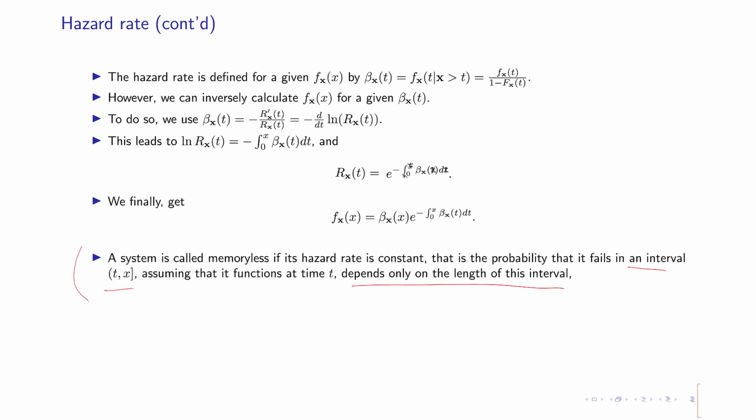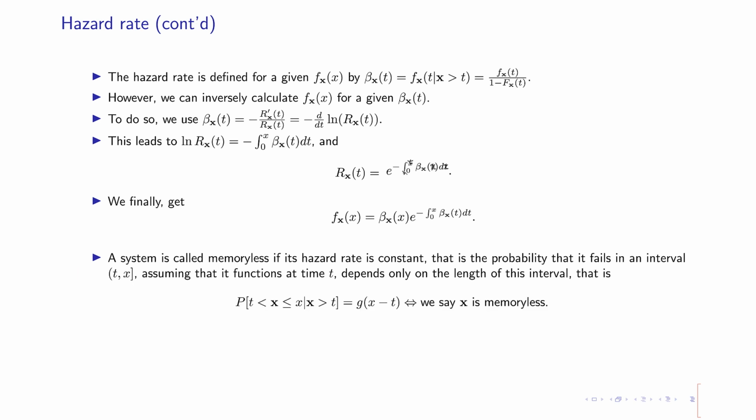A memoryless system has an exponential PDF. So if you summarize this definition, you say that the probability that X fails in the interval t to x, provided that it's functioning at time t, is a function of the time difference. So you say that this is memoryless.